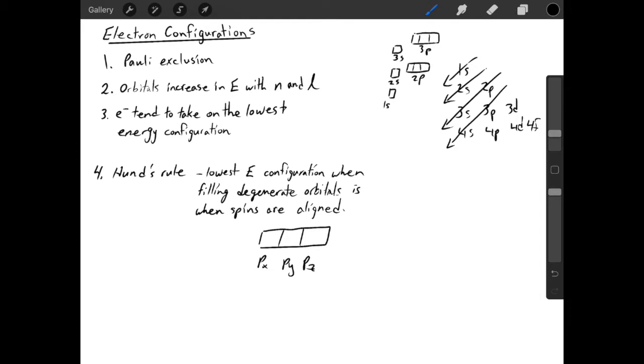So if you want to put a number of electrons into them, the way to minimize the energy is to put the spins in aligned. So that means that you put 1 electron in each orbital before you start pairing up the orbitals. So that means you'd have something like this rather than something like this.